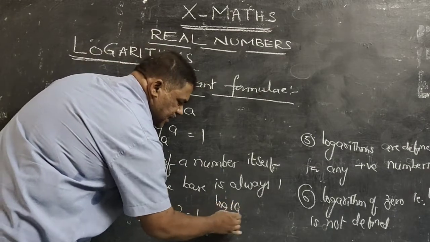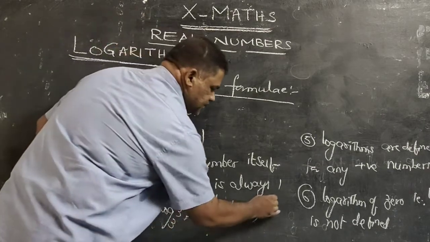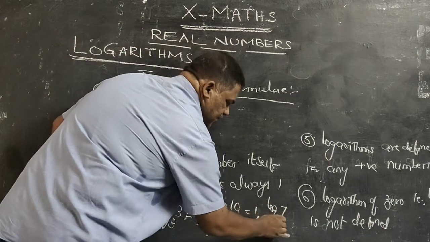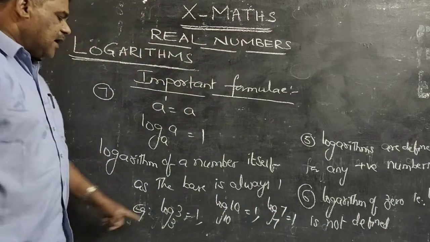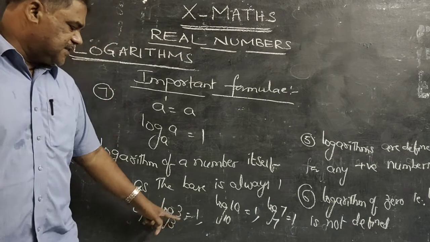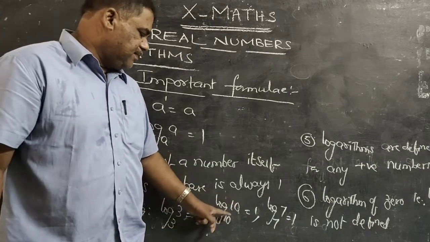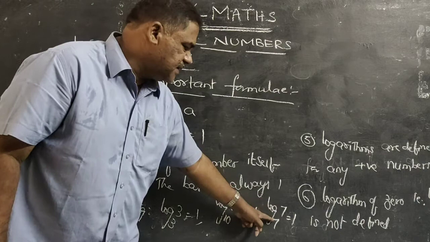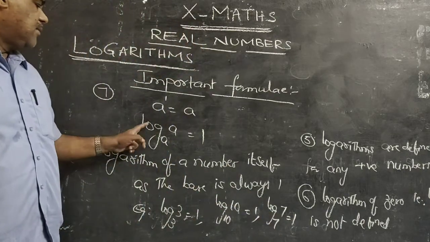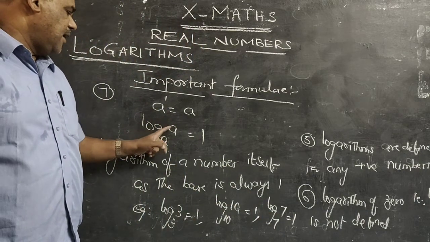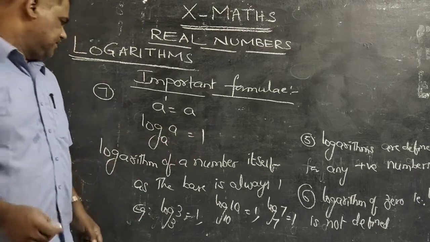Log 10 base 10 is 1. Log 7 base 7 is 1. Logarithm of a number itself as the base is always 1. So log 10 base 10 is 1. Log 7 base 7 is 1. Like that, logarithm of a number itself as the base, log a base a, is always 1.